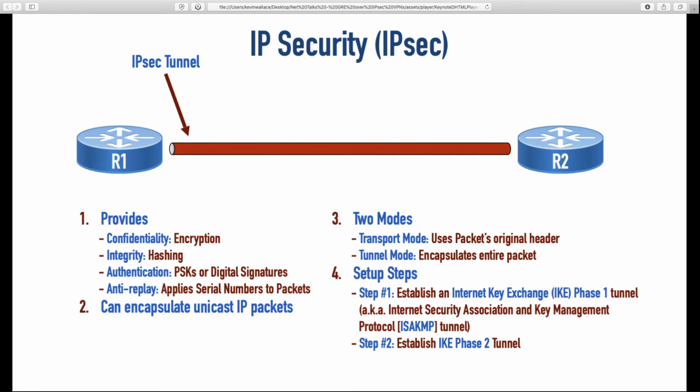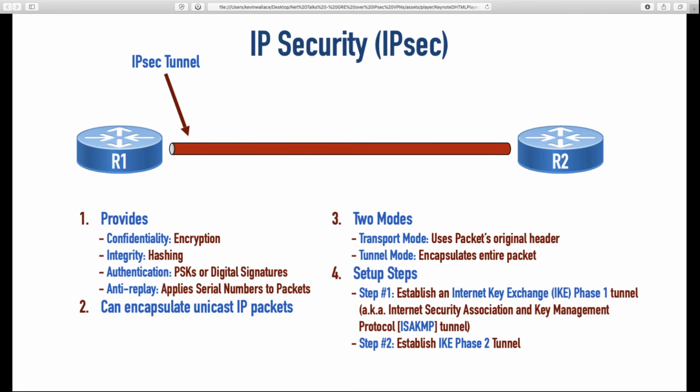Well, that's kind of what's happening here in the first step of setting up an IPsec tunnel. You might want to take some notes on this. The first step is the creation of what is called an IKE Phase 1 tunnel. It has another name. It's also known as an ISAKMP tunnel. IKE, that's Internet Key Exchange, and ISAKMP, that's Internet Security Association and Key Management Protocol.